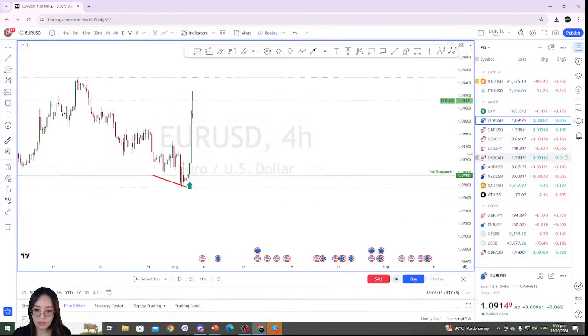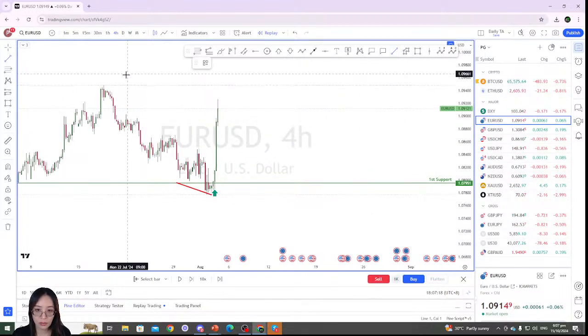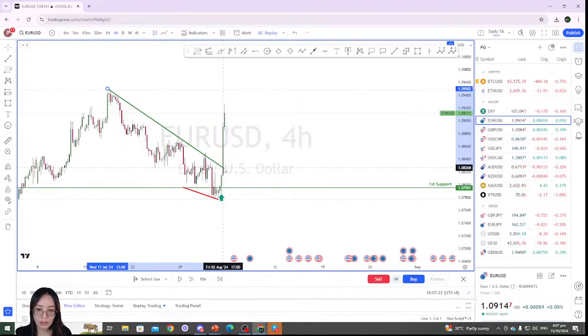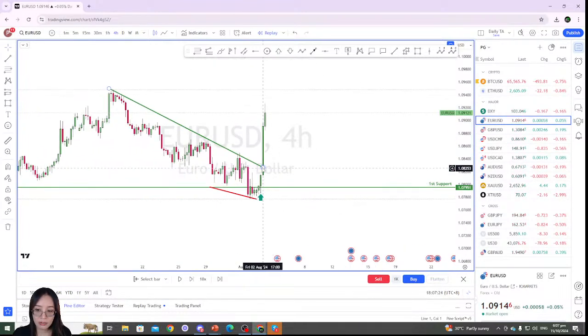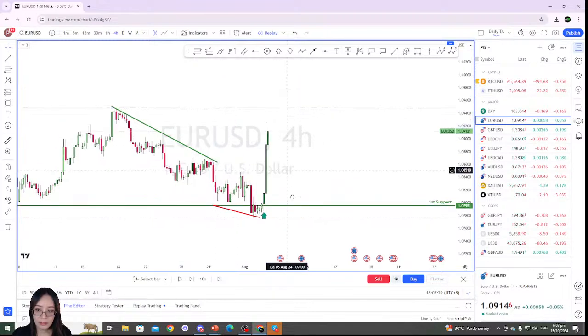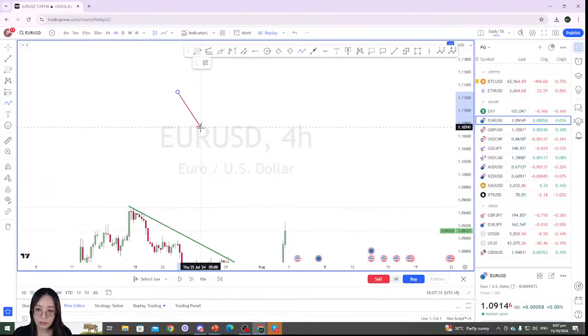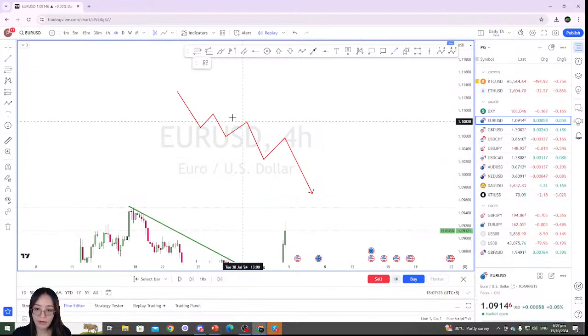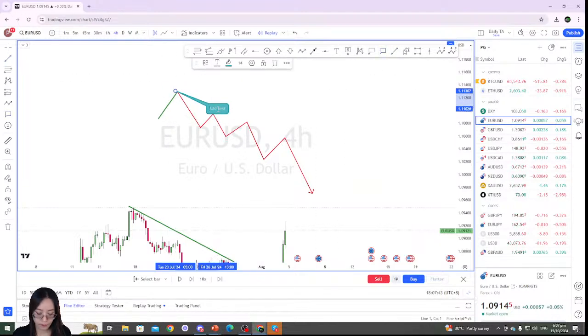Okay, so my valid trend line has to have 3 touches, not 2. Because why? If you were to draw the trend line based on only connecting 2 dots, let's say this is your trend line you draw.